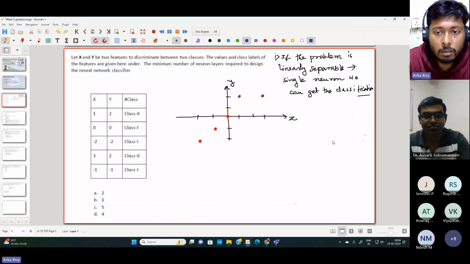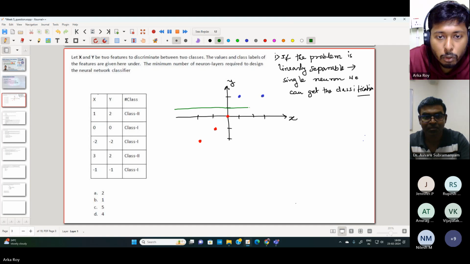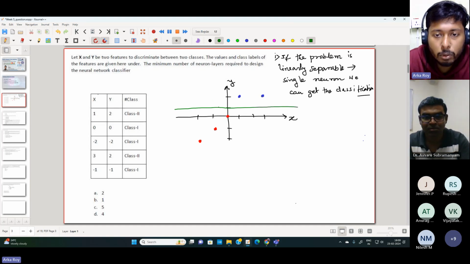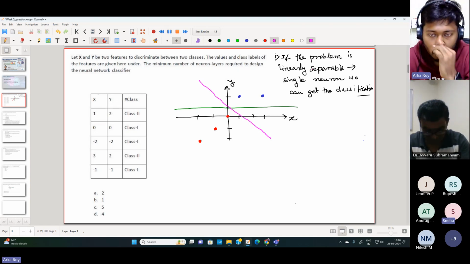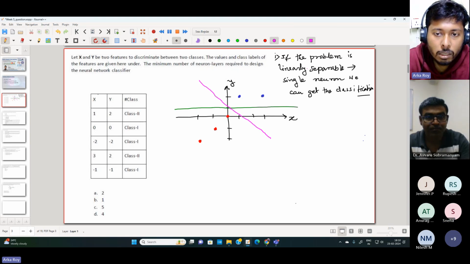Now you can see that the problem is linearly separable. You can just draw a line like this, or you can have n number of solutions. And if you use SVM, then that will give you the optimal solution. For example, another classification boundary could be like this. So you have n number of solutions, out of which SVM will give you the optimal one.